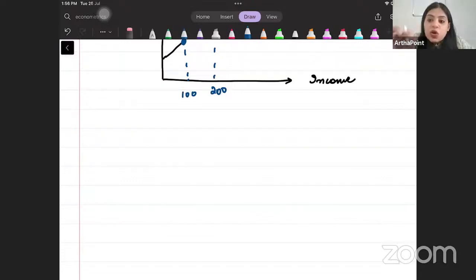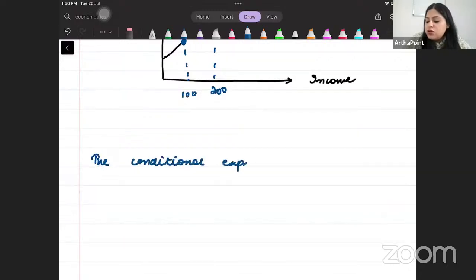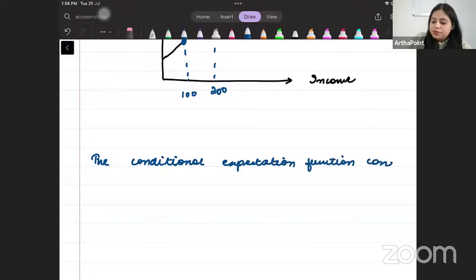So we must write it like this: the conditional expectation function can be represented as below.